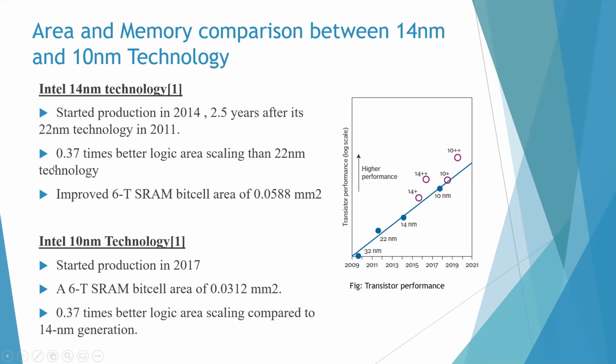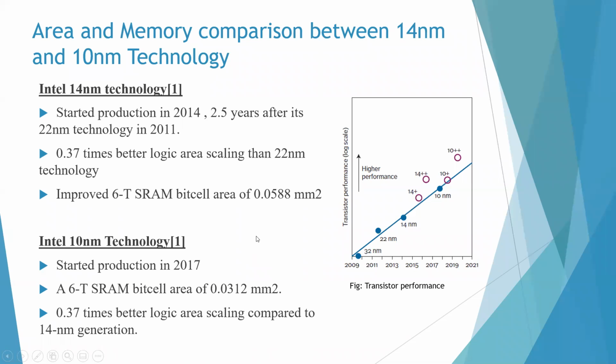Also, in the case of the SRAM bit cell area, for 14-nanometer technology it is 0.0588 square millimeters, and for its 10-nanometer technology, it is only 0.0312 square millimeters.